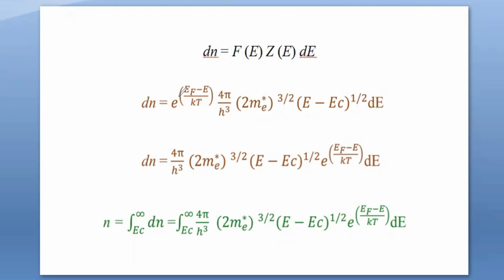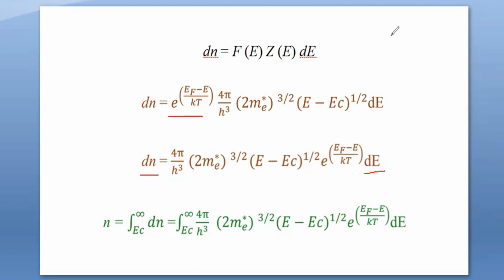Let us interchange the terms, bringing this exponential term to the last. Our equation will become 4 pi by h cube, 2 me star power 3 by 2, E minus EC power 1 by 2, e power EF minus E by kT dE.